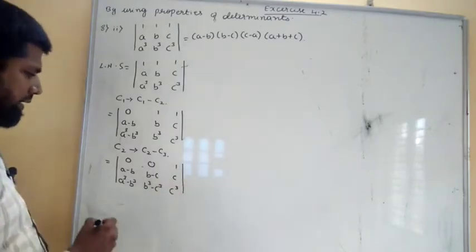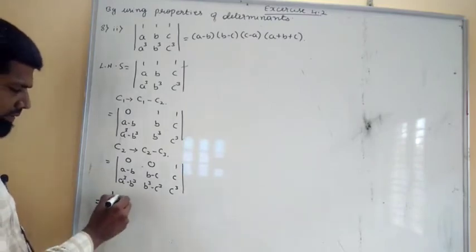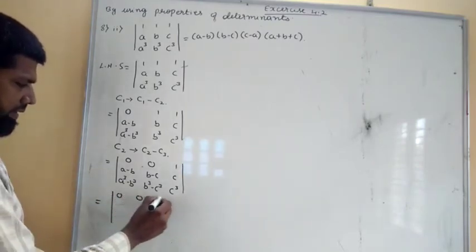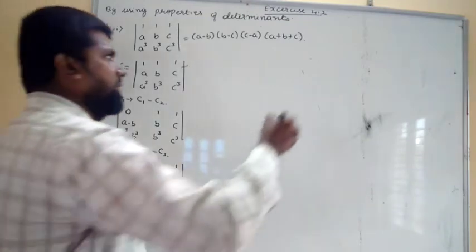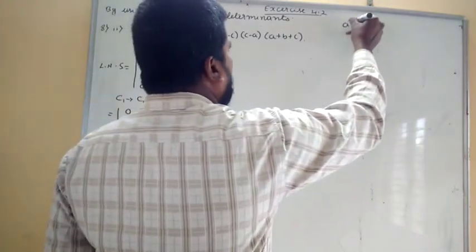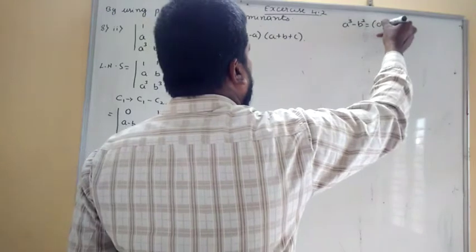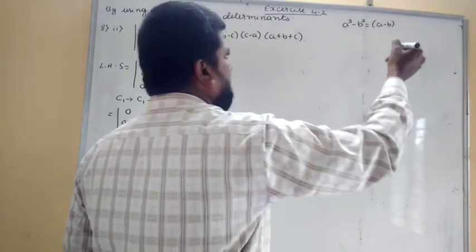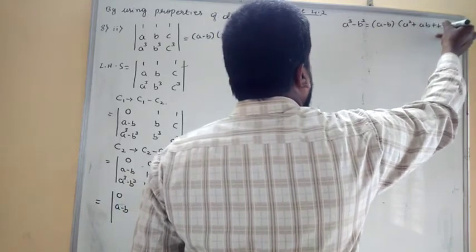So here we can write, first row 0 0 1, then A minus B, then it is in the form of A cube minus B cube. There is a formula: A cube minus B cube means A minus B into A square plus AB plus B square.